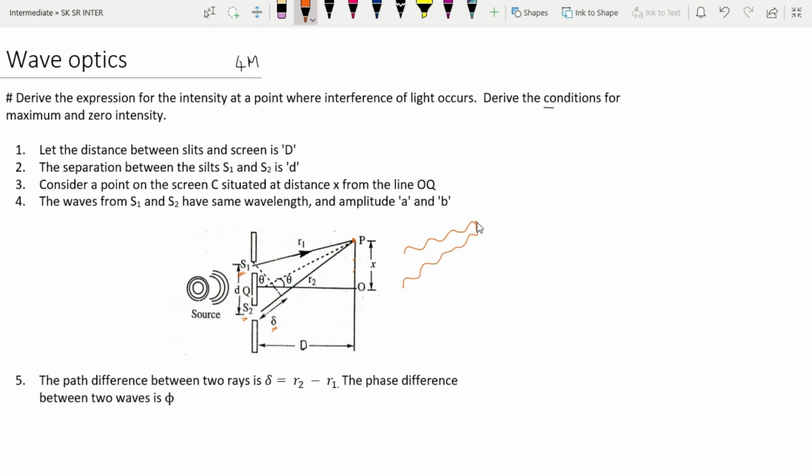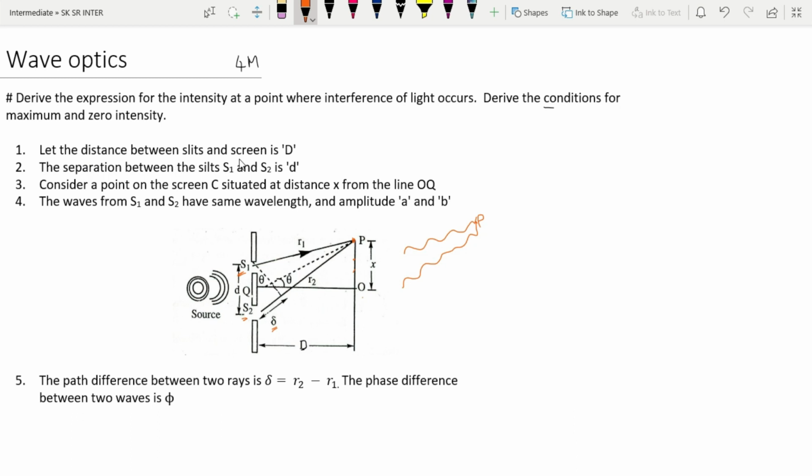They combine at point P. If a crest and a trough combine at P, it gives a dark fringe. If a crest and a crest combine, it gives a bright fringe. So let us discuss this.